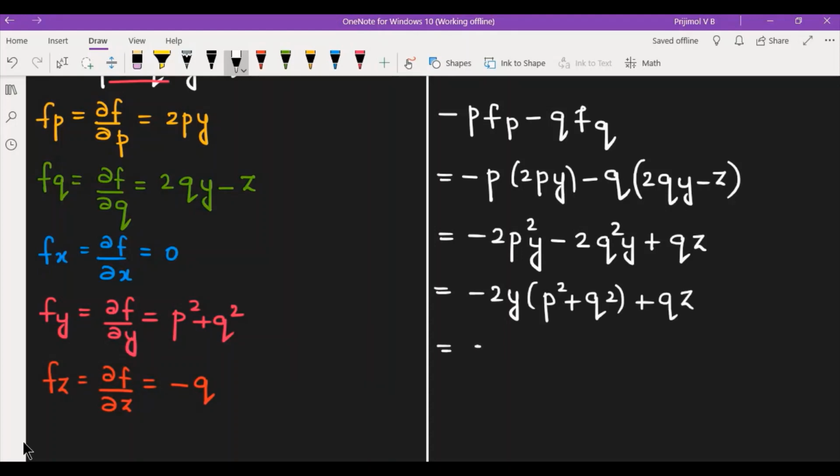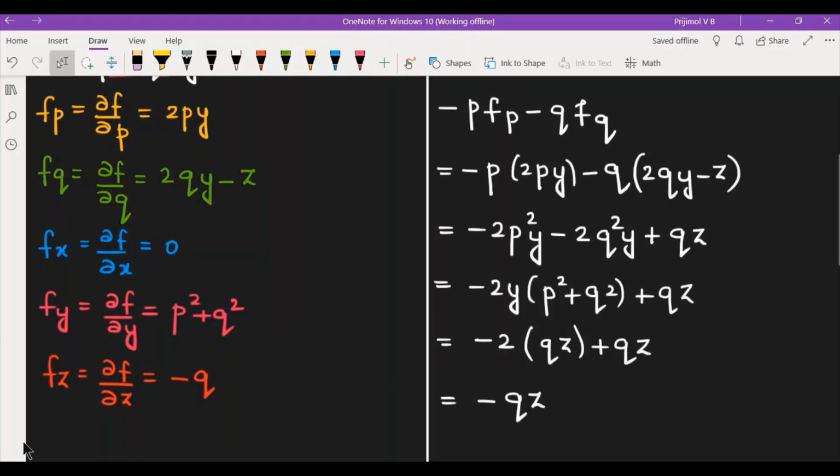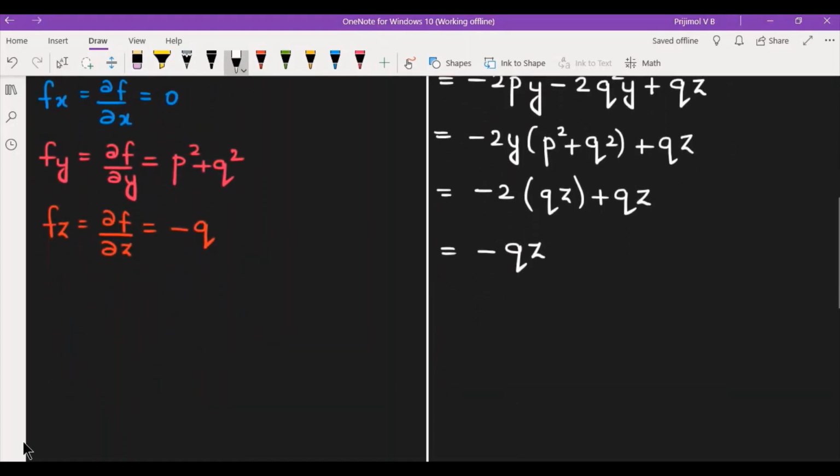From our question, (p square plus q square) y is nothing but qz. Simplify this further. So we get minus p fp minus q fq, which is nothing but minus qz.